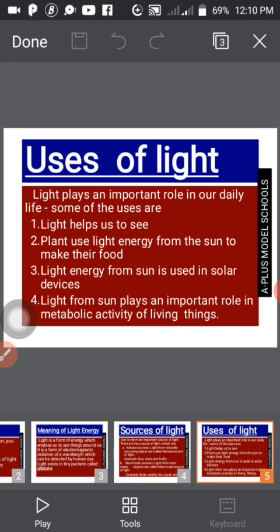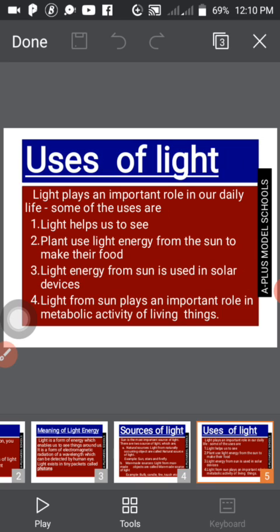2. Plants use light energy from the sun to make their food. I've explained this also earlier that plants trap energy from the sun to make their food, and this food is what we human beings depend on to get our own energy as well. And the process by which plants trap energy from the sun is called photosynthesis. 3.